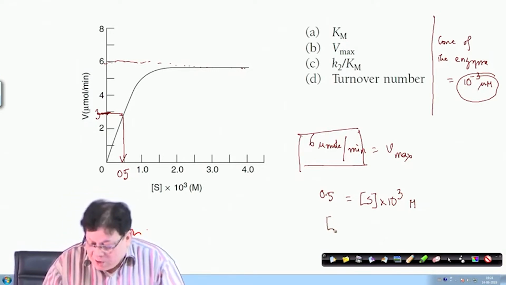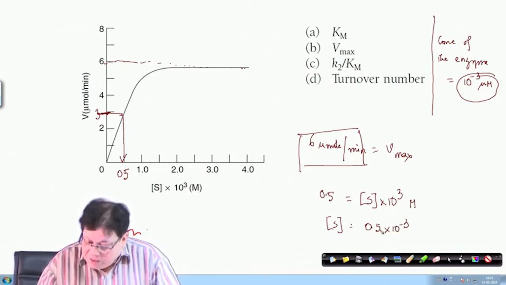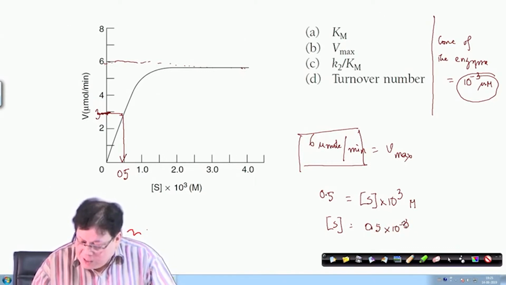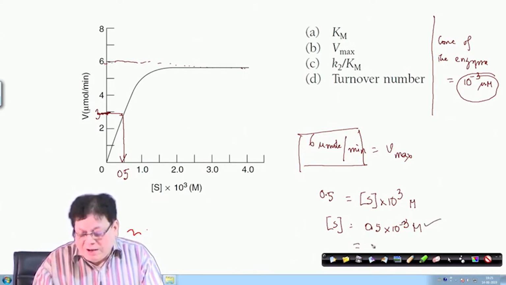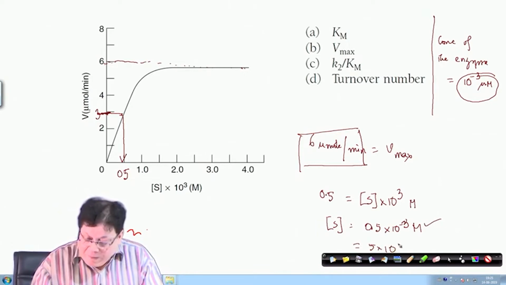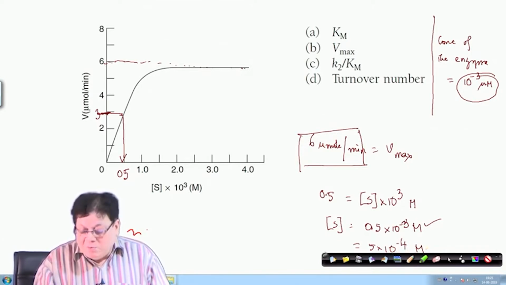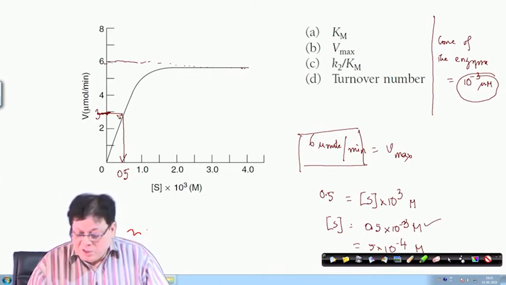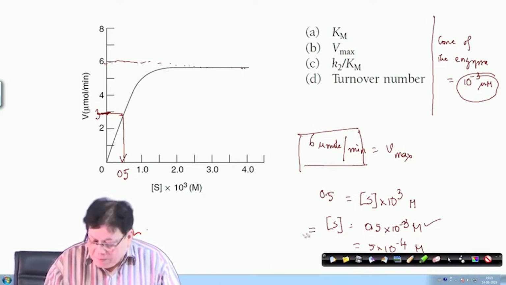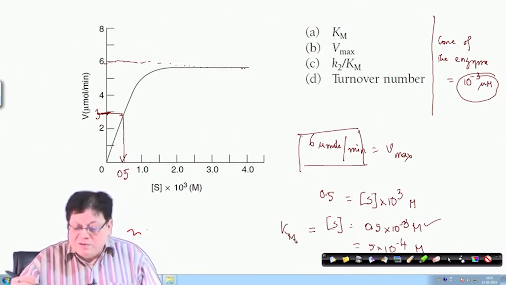So, S is now 0.5 into 10 to the power minus 3 moles. That is the value of S. You can write it as 5 into 10 to the power minus 4 molar. This is basically the concentration needed to reach half of the Vmax, so this value should be equal to Km.